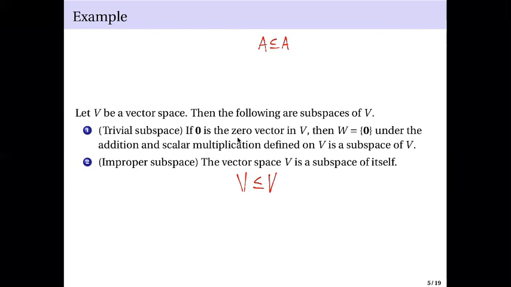The smallest subspace of your vector space V is the trivial subspace.